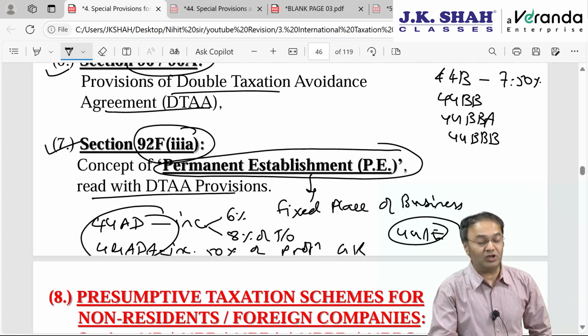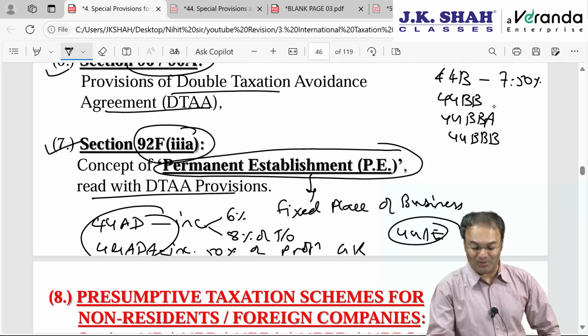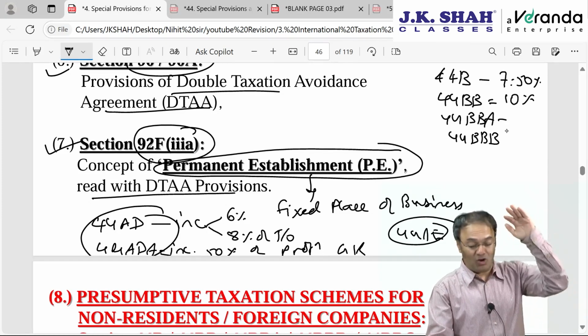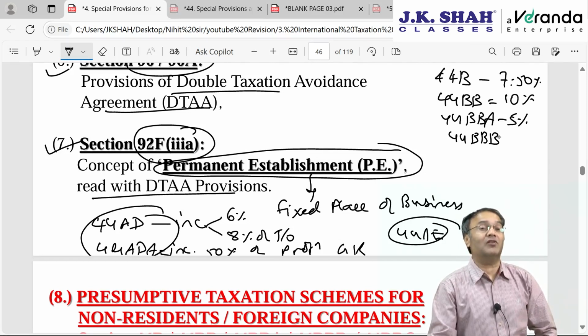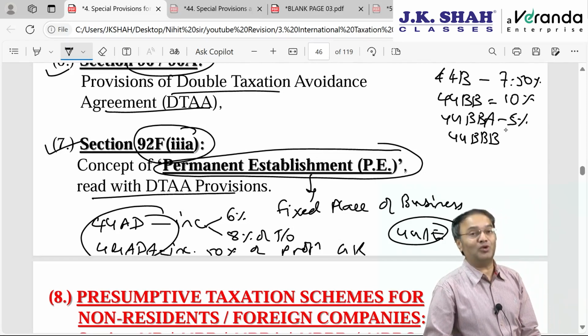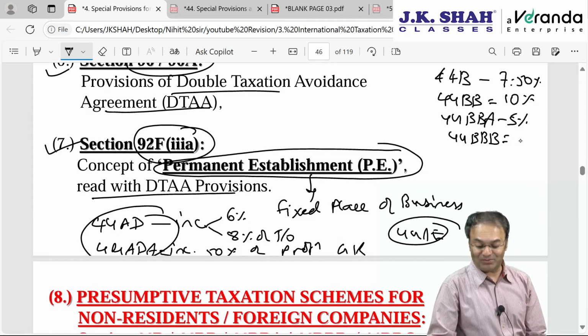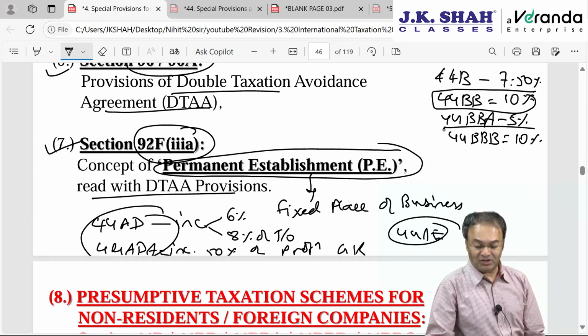So income would be deemed to be 7.5% of gross receipts attributable to Indian operation. 44BB 10%, 44BBA airline operation, operation of aircraft 5% of gross receipts attributable to Indian operations, and 44BBB again 10%.